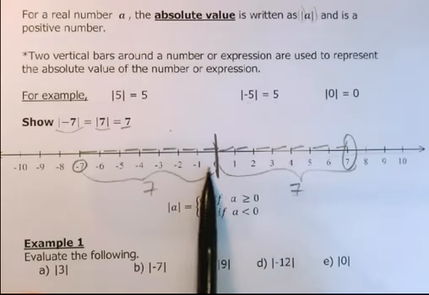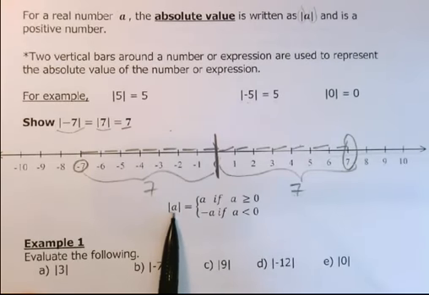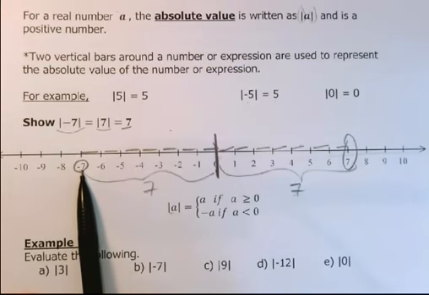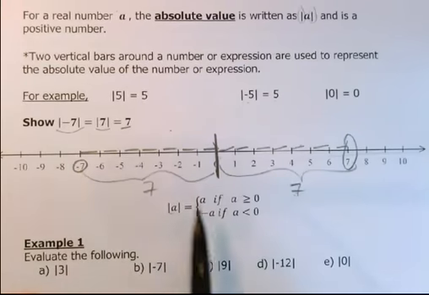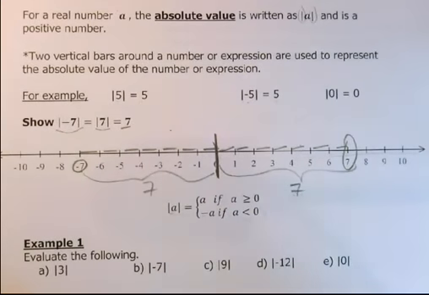And suppose we have an answer that results as a 7. We could put a negative 7 in here and get an answer of 7. So we're going to have the same answer regardless. So we have to show that it could be negative 7, and that's if the values are in the negative, so if they're less than 0.